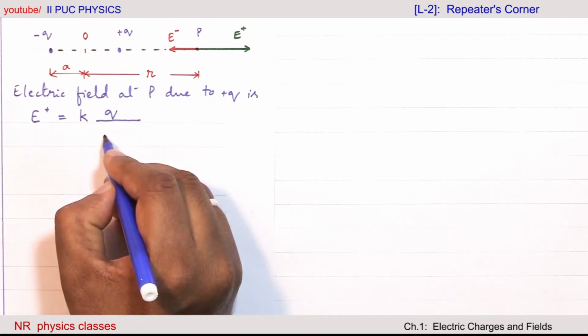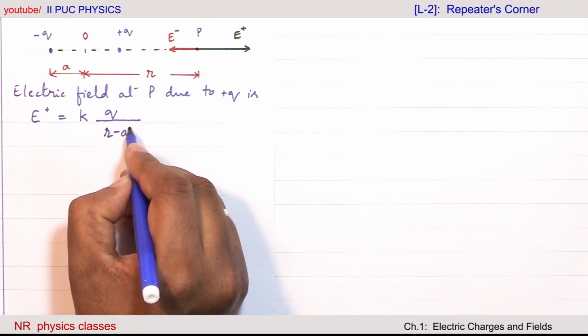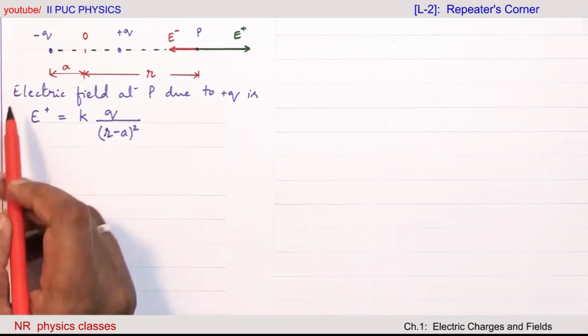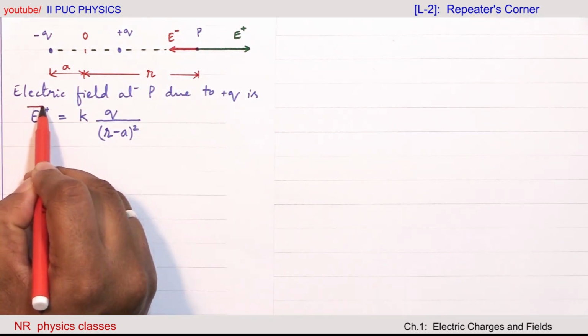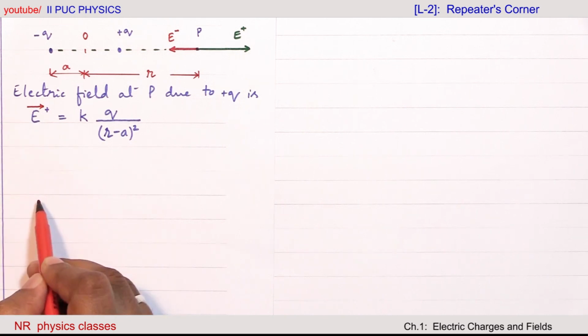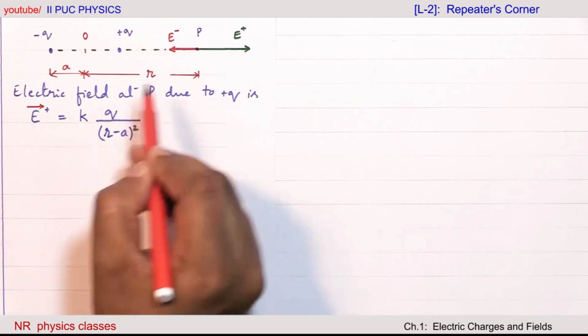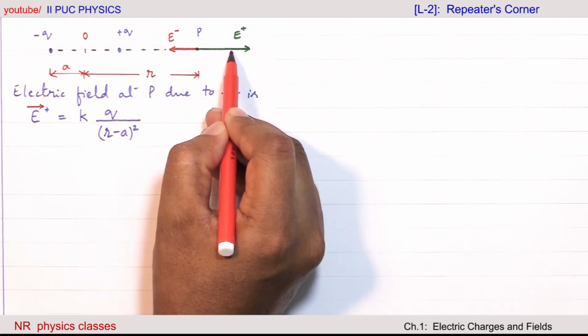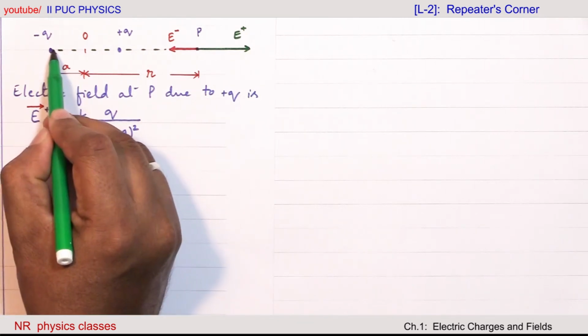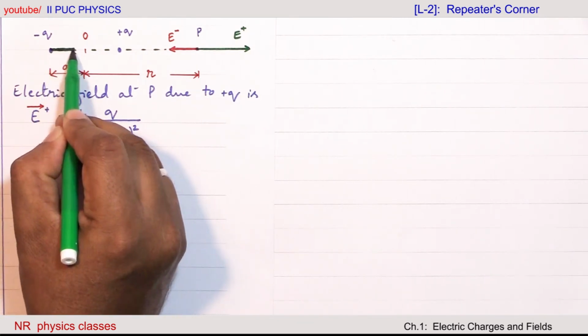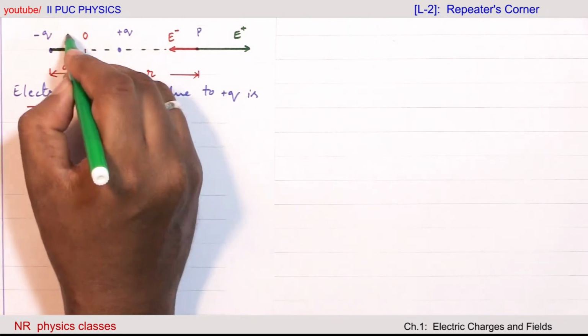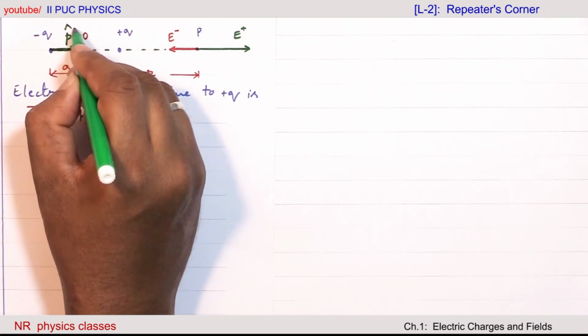So the denominator is (r minus a) whole squared. Since electric field is a vector quantity, this electric field due to the positive charge is in the direction of dipole moment. What is the direction of dipole moment? It is from minus Q to plus Q. So this is the direction of dipole moment, so this is P cap.